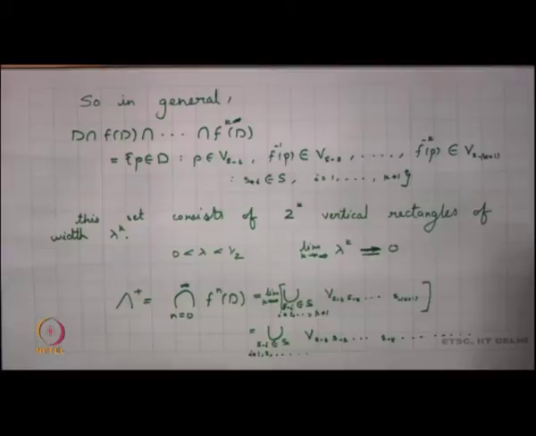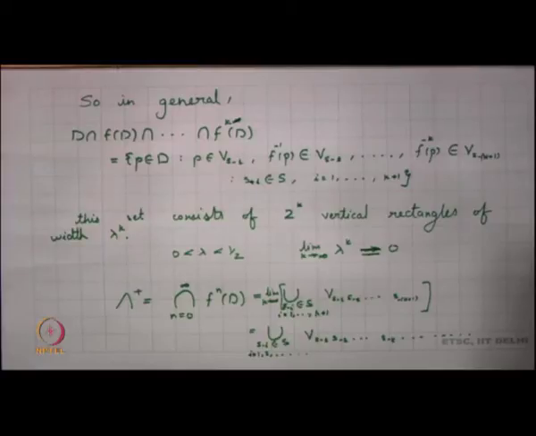So, for each sequence that you can get from S, where our S is the set {0, 1}, you get a vertical line which is labeled by that particular sequence, and the union of all these vertical lines happens to be your lambda plus.